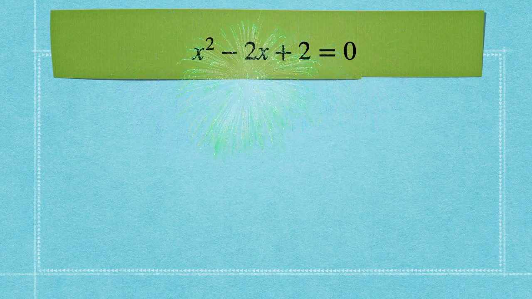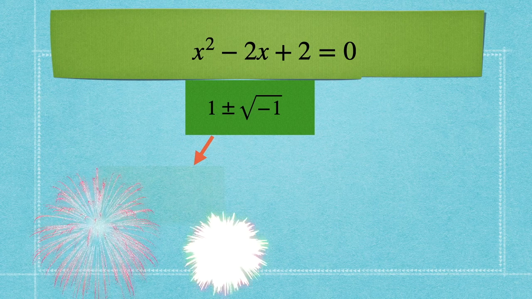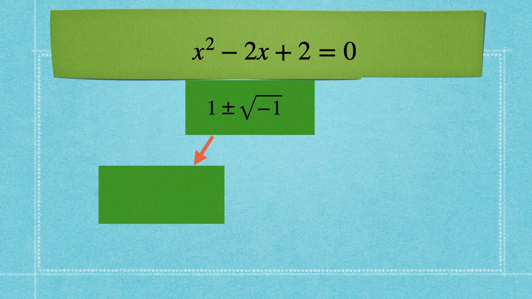Now, if we have a quadratic, x squared minus 2x plus 2, we'll use the formula to solve it because it can't be factorized, and we will get 1 plus or minus the square root of negative 1. Something to note is that j is the same thing as the square root of negative 1.